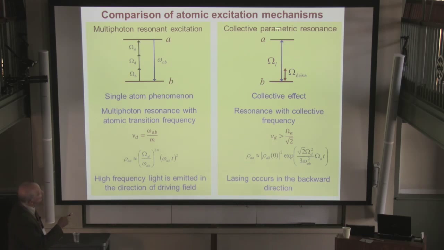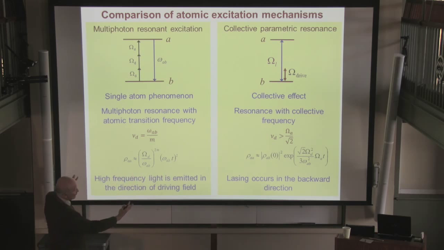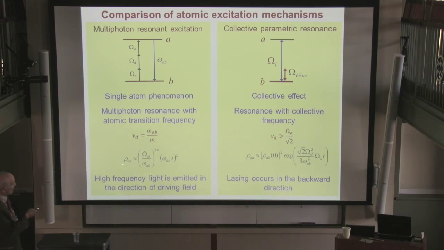Here's the result of calculating the probability of excitation under these kinds of collective effects. What do I mean by collective effects? I mean the superradiance kind of analog in which each atom is excited a little bit and there's an overall coherence between atoms. Now we calculate the probability of excitation, and it goes like the incident pulse squared, and that's related to a little bit of coherence on A and B. Not very important.